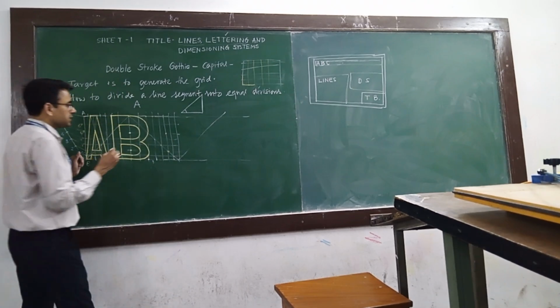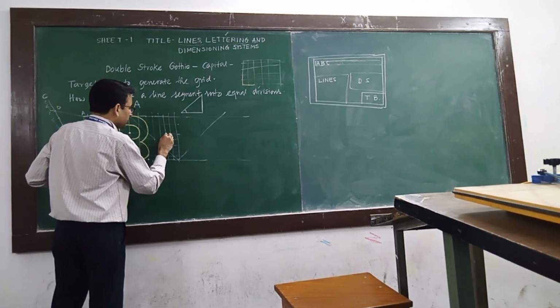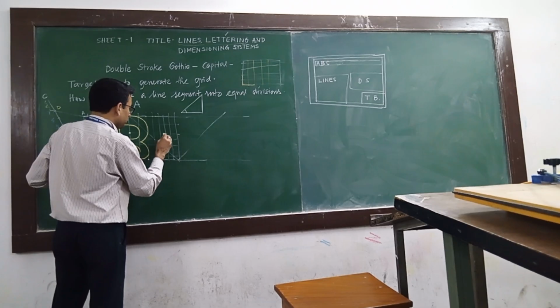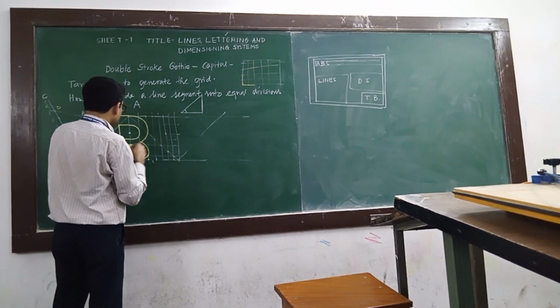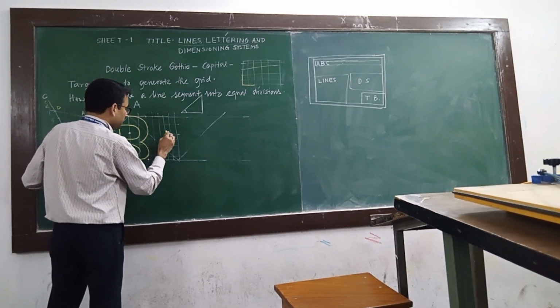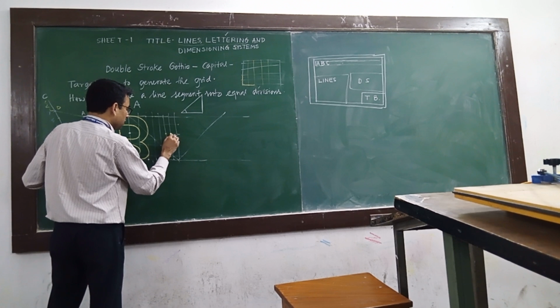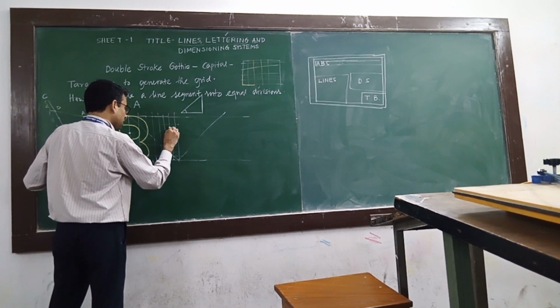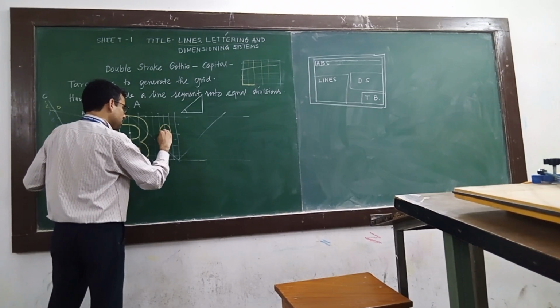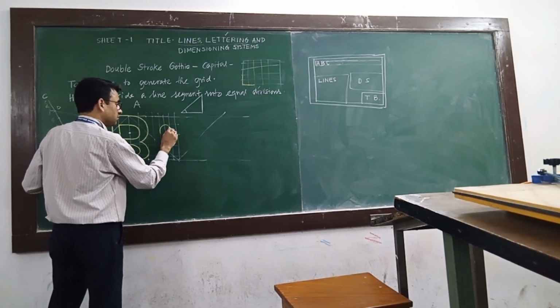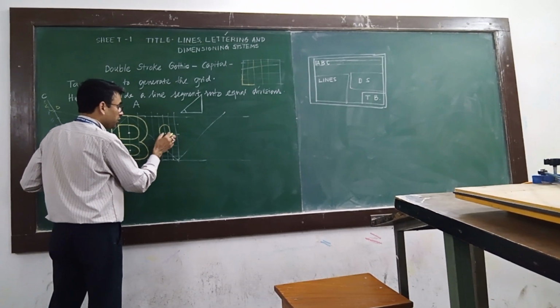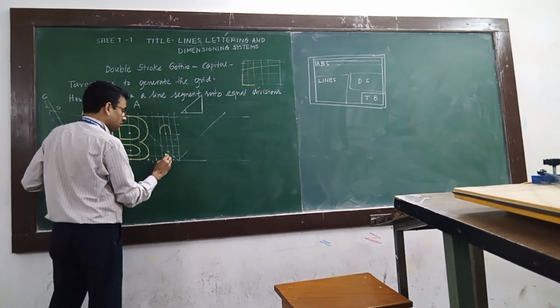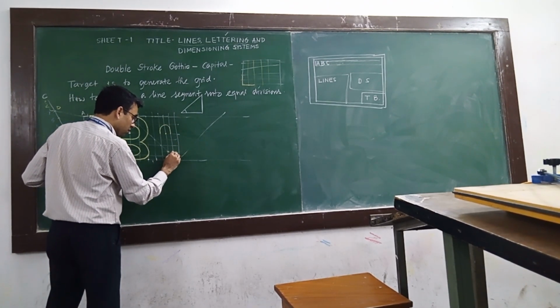Okay. Next is taking this as the center. What you will do is, for C, if I draw a semicircle in this direction, a semicircle of 1 unit length. From this also I will draw a semicircle.